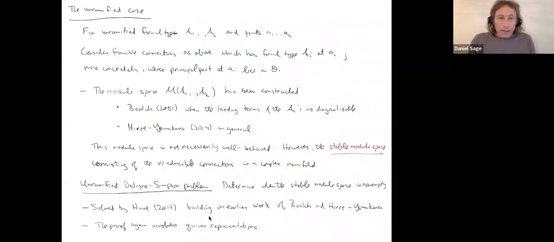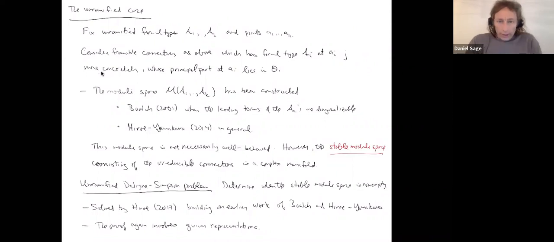Okay. And now we can answer all these questions that we talked about before, or at least we can address them. So we fix unramified formal types, A1 through Ak, at the singular points little a1 through little ak. And we want to consider frameable connections as above, which have the given formal types at the given singularities.